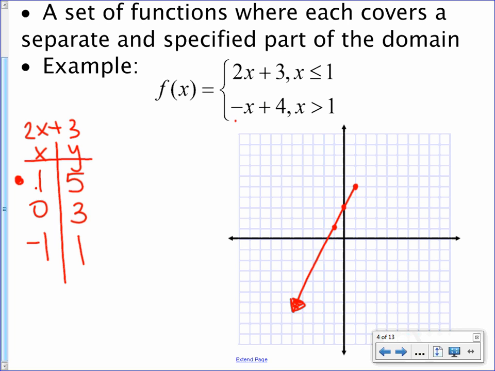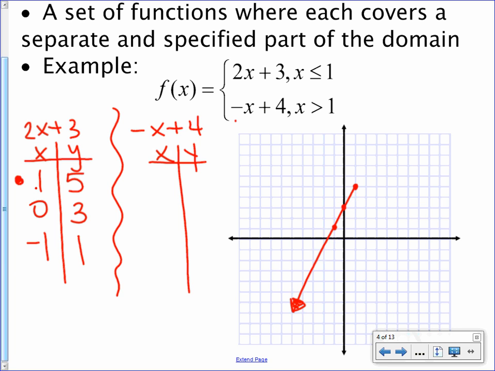Our second piece is negative x plus 4. Where does its domain begin? It says greater than 1. So what we're going to do is begin at 1, but does it include 1?